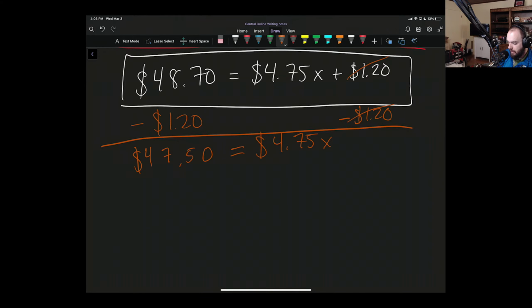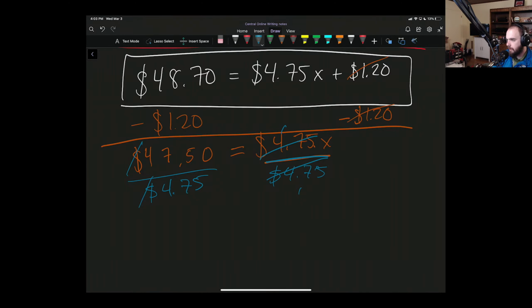Right? So this is now, remember, this is multiplication. 4.75 times x. So we want to undo that. We're going to undo that by dividing by 4.75. Right? So this reduces to 1. My dollars reduce.